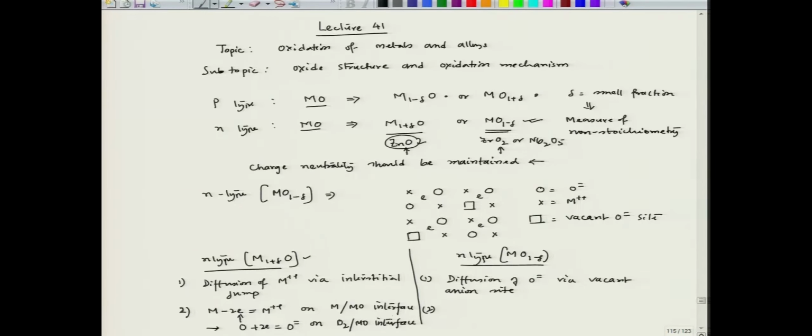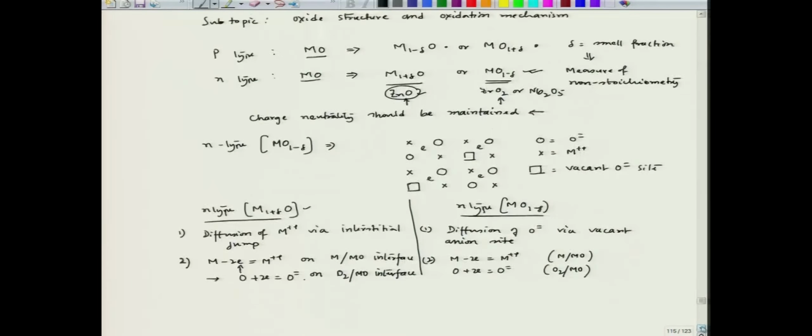So, these two reactions happen: this is the anodic reaction, this is the cathodic reaction, and they happen at the two interfaces. But here also this remains the same: metal minus 2 electrons goes to M++, and this happens on the metal–metal oxide interface, whereas O2 plus 2 electrons go to O2- on the oxygen–metal oxide interface.